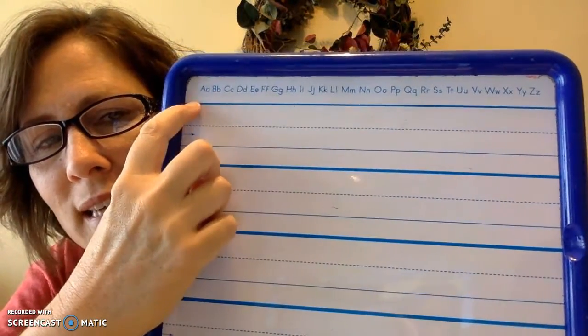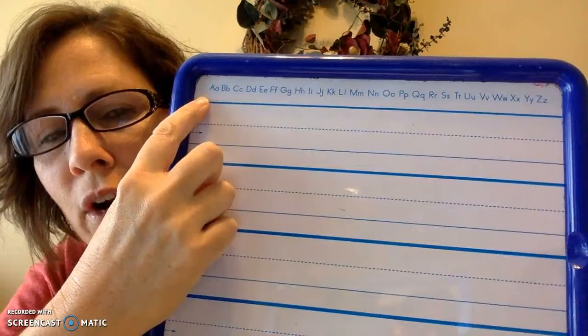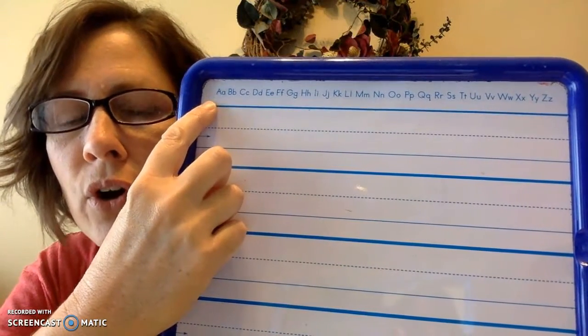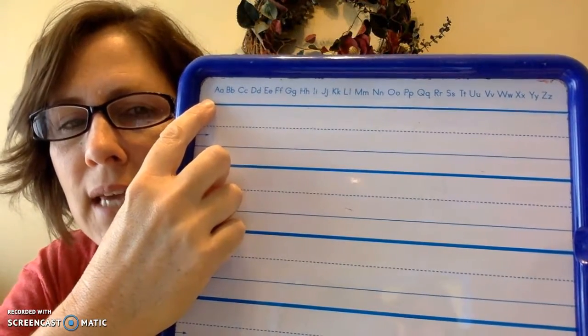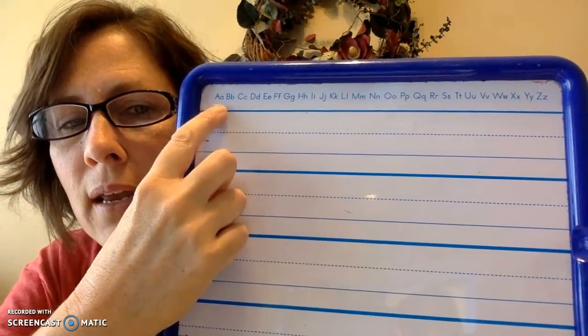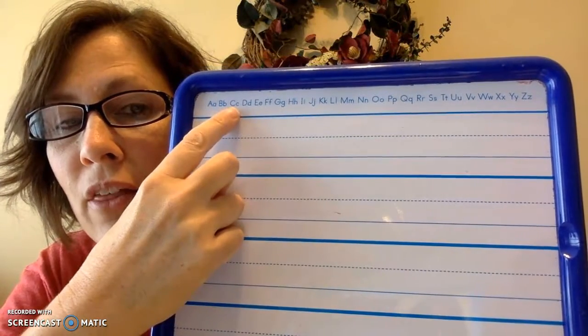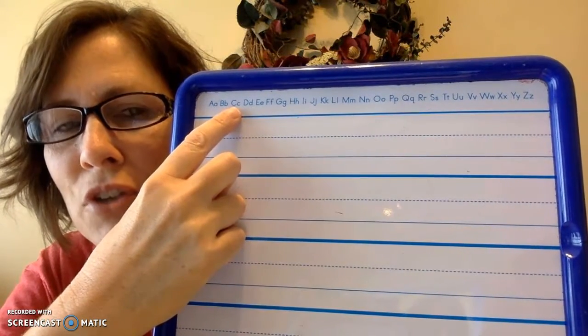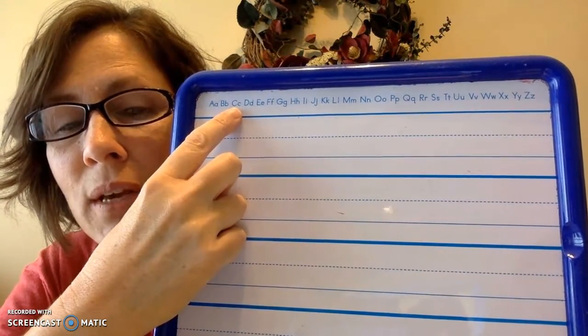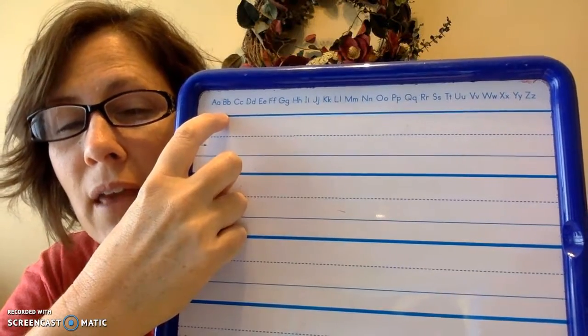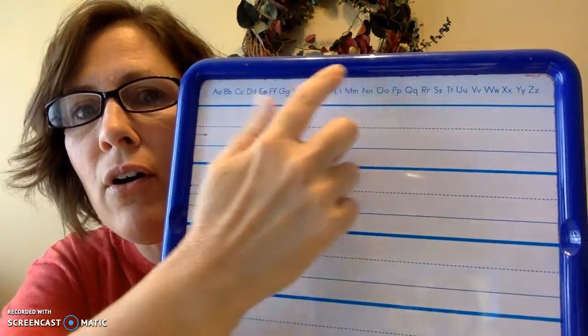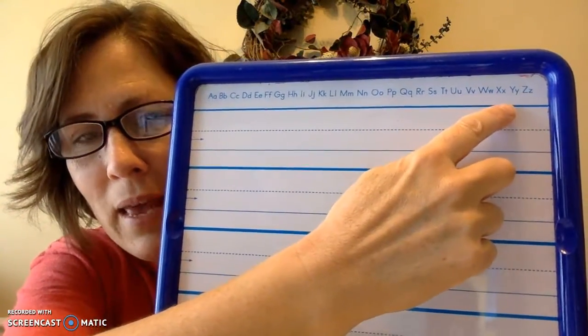Yes, right here. Let's count over and see how many letters over in the alphabet letter C is. You ready? 1, 2, 3. It's the 3rd letter of the alphabet, so it lives pretty close to the beginning of the alphabet and pretty far from the end of the alphabet.